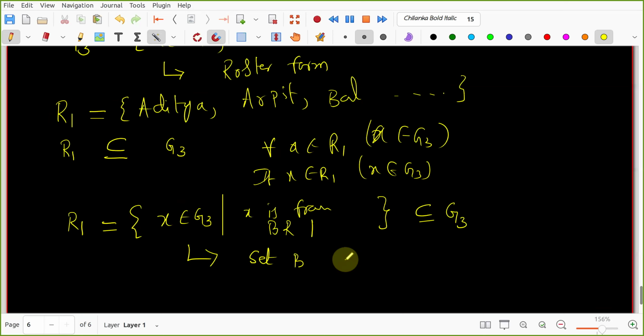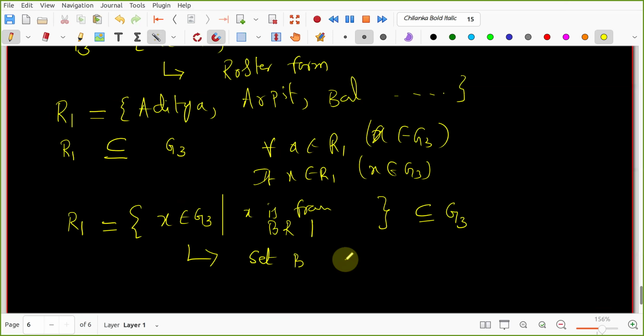Now tell me this particular thing. What is (2, 3)? It is a subset of which set? How do you write it? Is it possible to write it in roster form? Can I list all of the elements? How many of you agree or disagree?